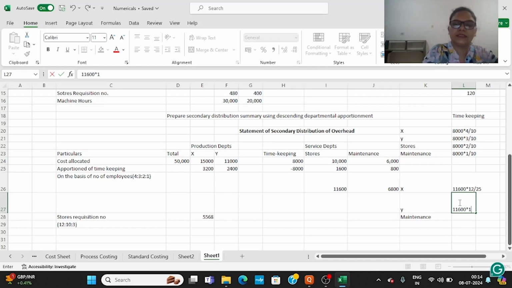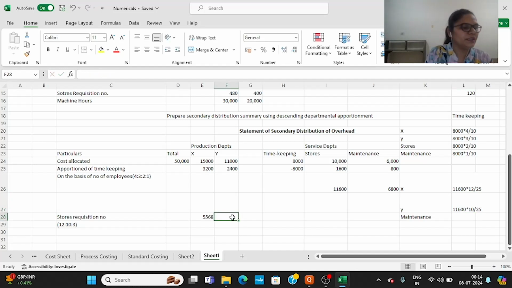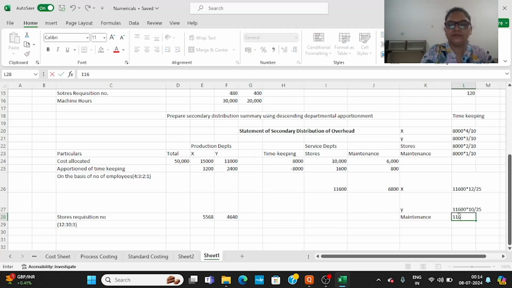And for department Y it will be 11,600 into 10 divided by 25. It will be 4640. Next is 11,600 into 3 divided by 25.